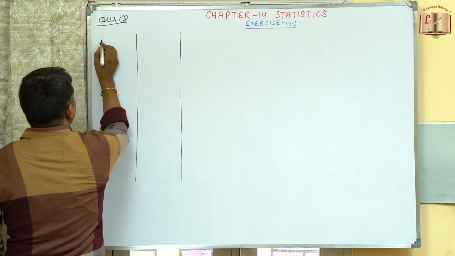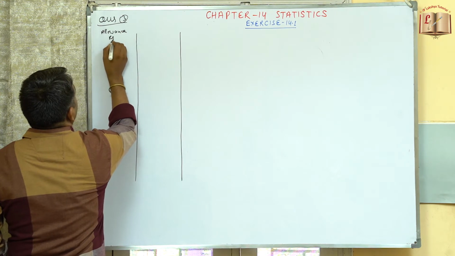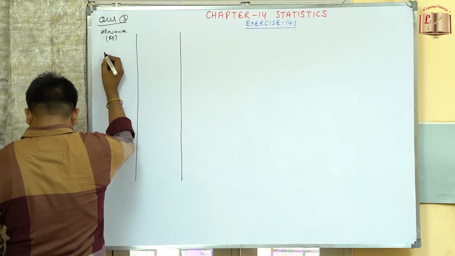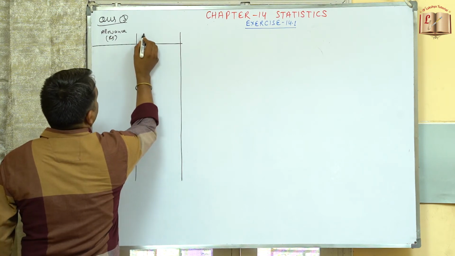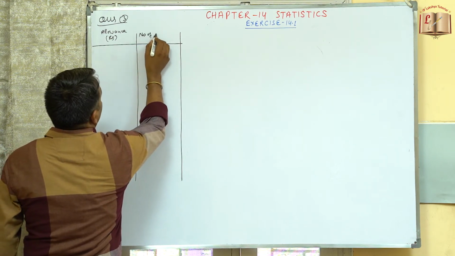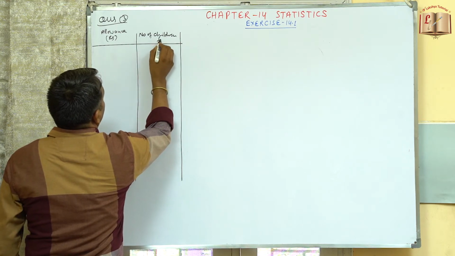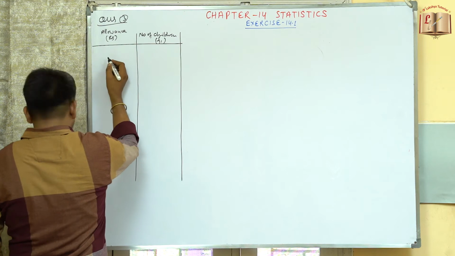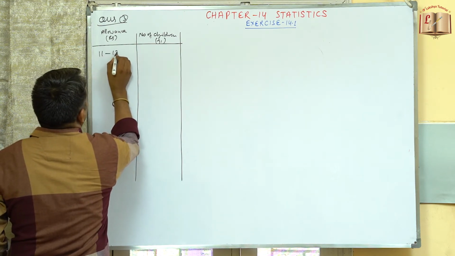So this is allowance in rupees. This is given, and number of children is fi. So this is from 11 to 13.